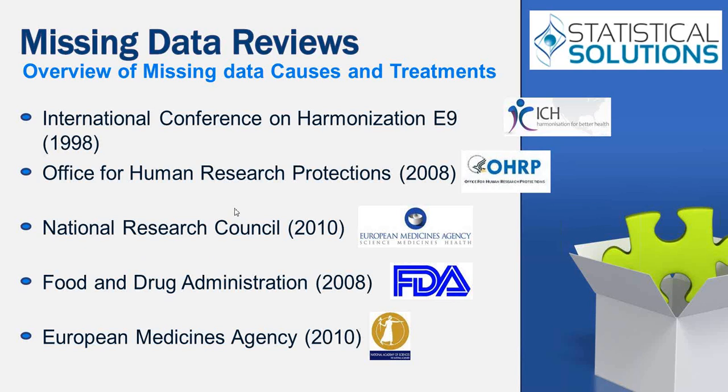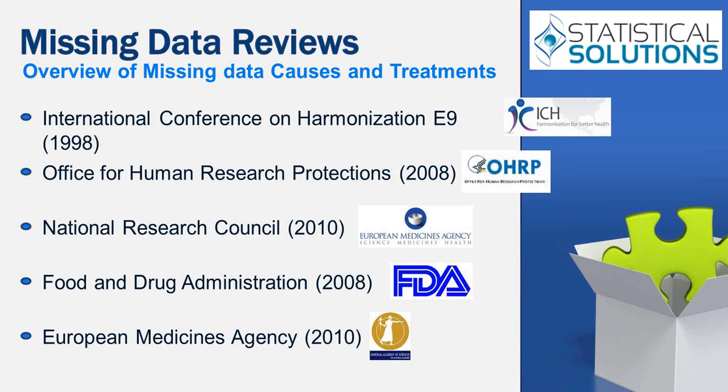It is entitled The Prevention and Treatment of Missing Data in Clinical Trials, and they were asked by the FDA to put together a panel and do up a report on approaching missing data in clinical trials, as they are actively pursuing guidance on this topic, because it is quite a prevalent topic in clinical trials.